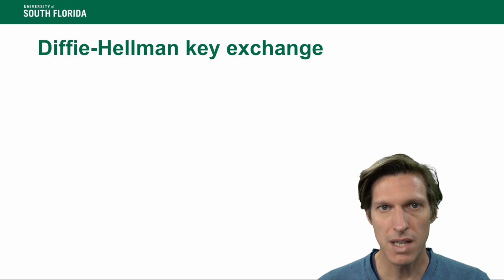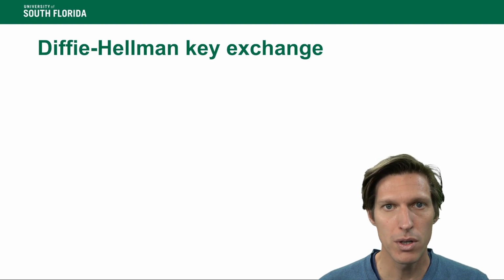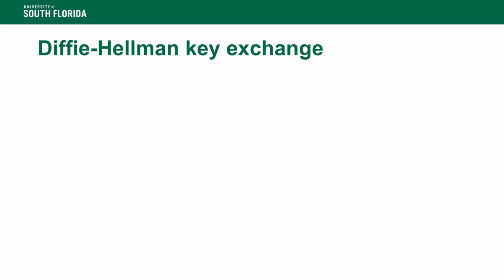So what can we do with the discrete log problem? The first example of the use of the discrete log problem in cryptography is the Diffie-Hellman key exchange mechanism. It was actually designed before the RSA encryption scheme. So let's see what it consists of.